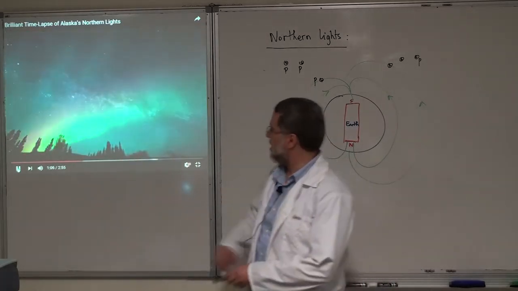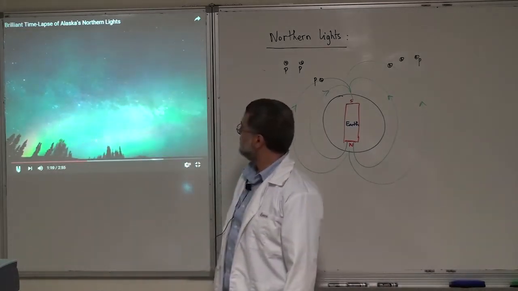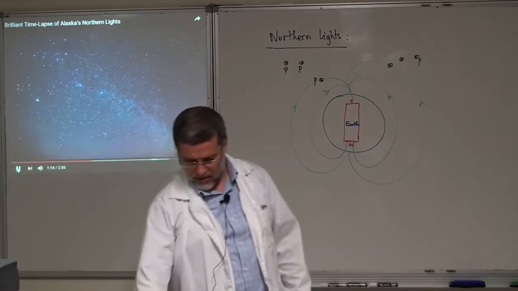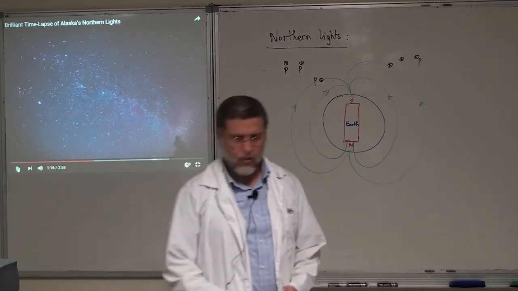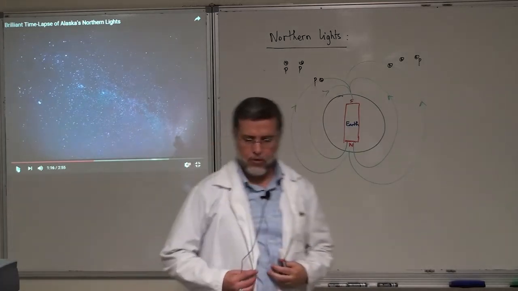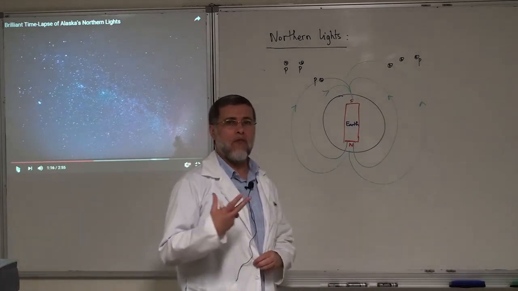You see here different colors, green, orange, and so on. Later, if you go to YouTube and write Northern Lights, you will get this kind of beautiful video showing this phenomenon.